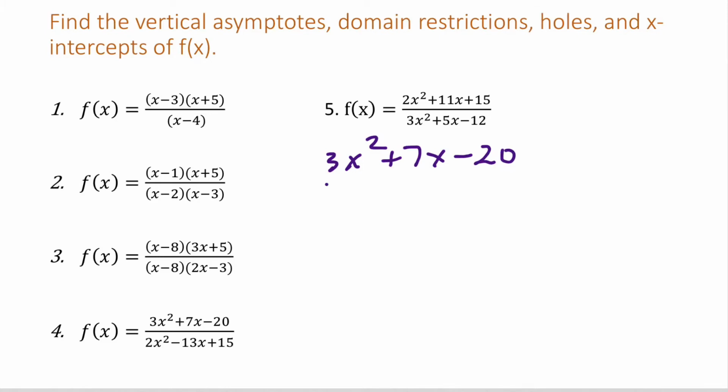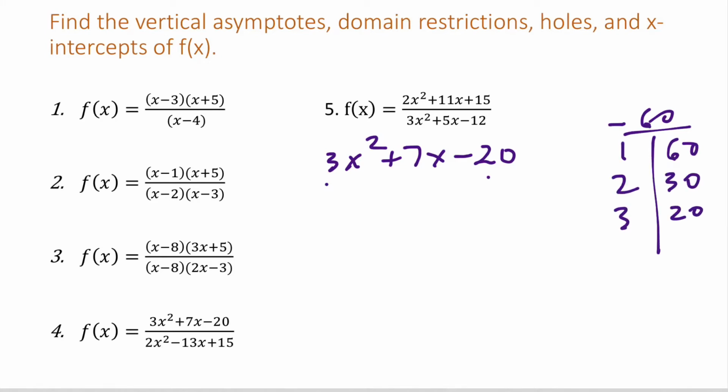So I've got 3 times negative 20 is negative 60. 1 times 60, 2 times 30, 3 times 20, 4 times 15, 5 times 12, 6 times 10. Okay, so there's a lot of ways to multiply to get 60.